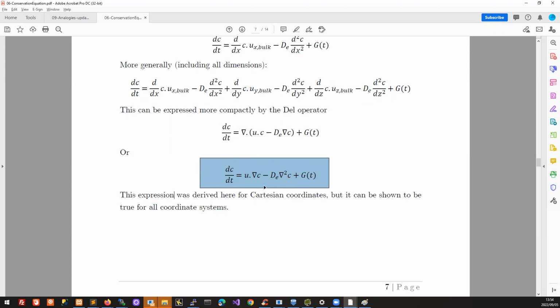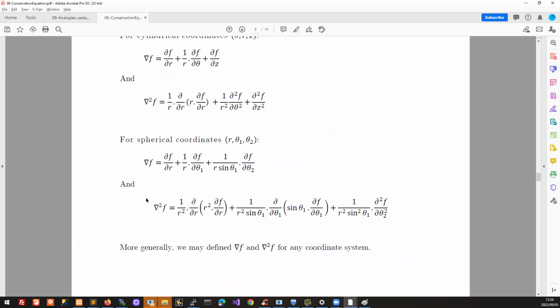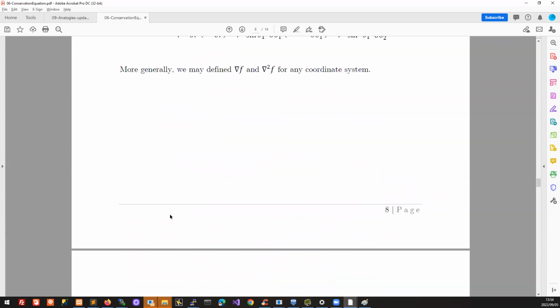So the tremendous step forward for us now is that we have totally generalized our situation with respect to geometry. It doesn't matter to us anymore what the shape of things are. So that's the great advantage of defining these operators.